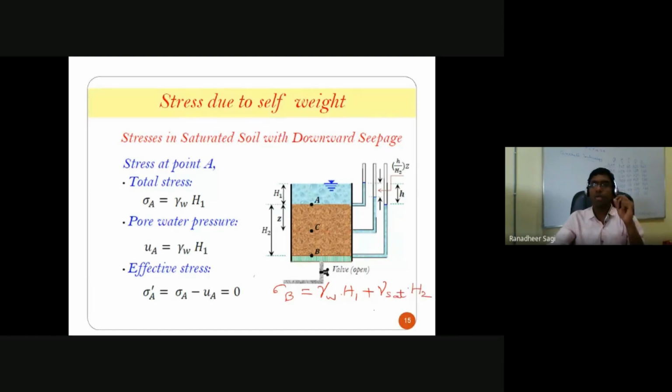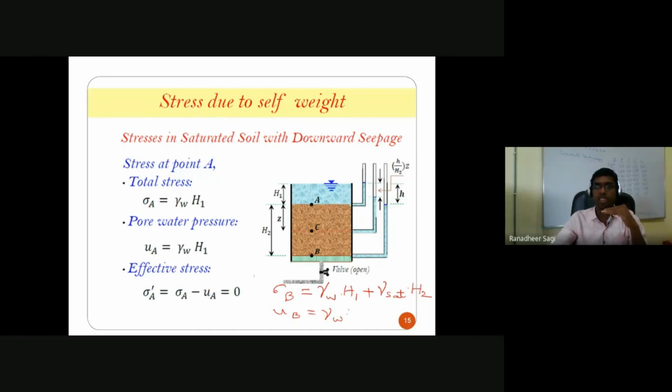So gamma W into H1 plus gamma sat into H2 gives you the total stress at point B. Next, let us see how much is the pore water pressure corresponding to the position of point B. To calculate it, I should understand the pressure head corresponding to point B, because pore water pressure at any point is nothing but unit weight of water into the corresponding pressure head. So at point B, how much is the pressure head that is existing?